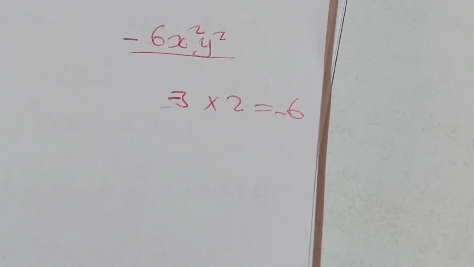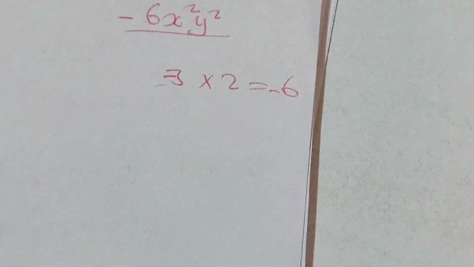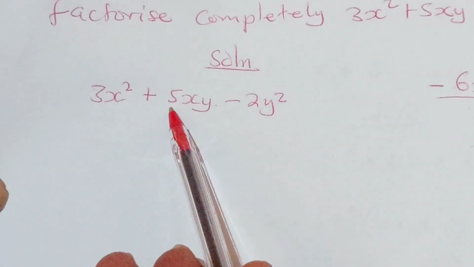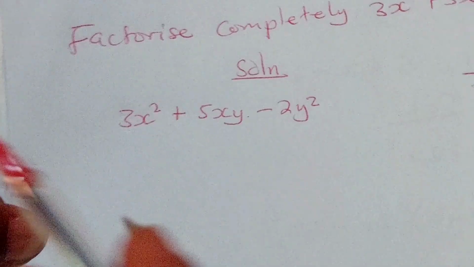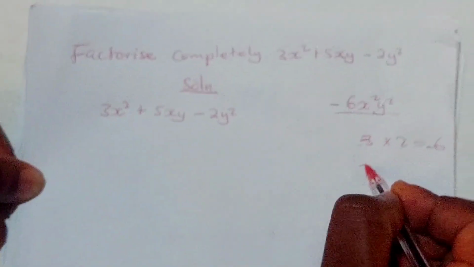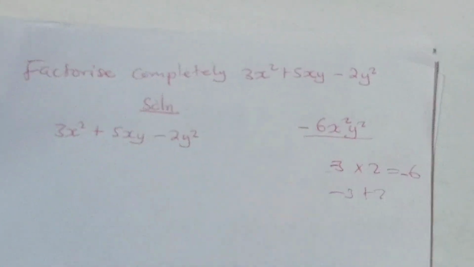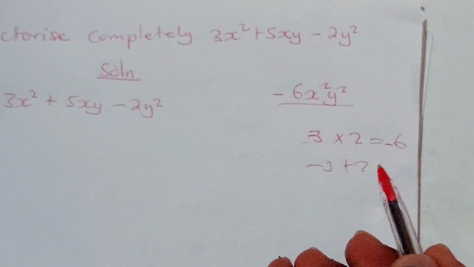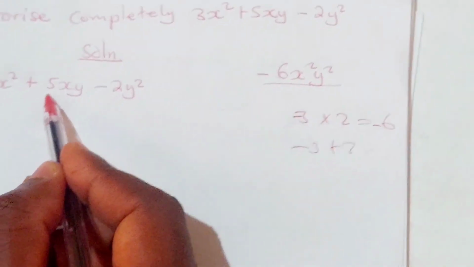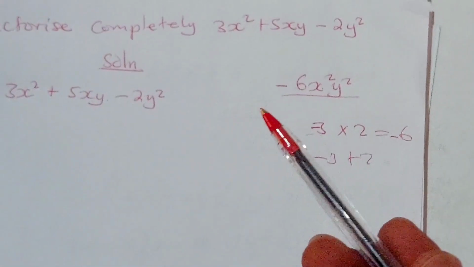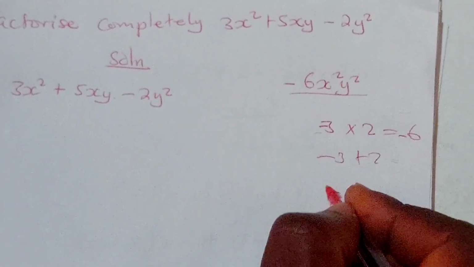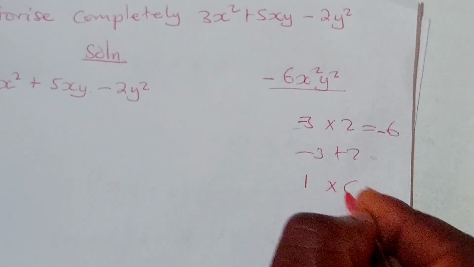But the tricky part is where to get the sum, because our sum here is positive. When you add negative 3 plus 2, we cannot get to positive 5. Therefore, the only working factors here are 1 and 6.